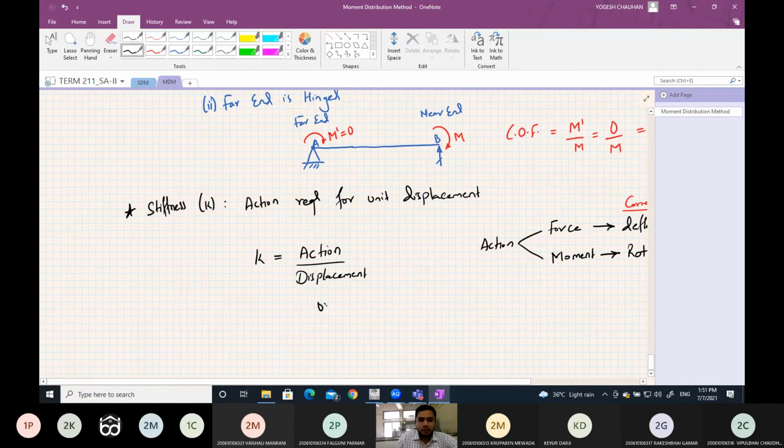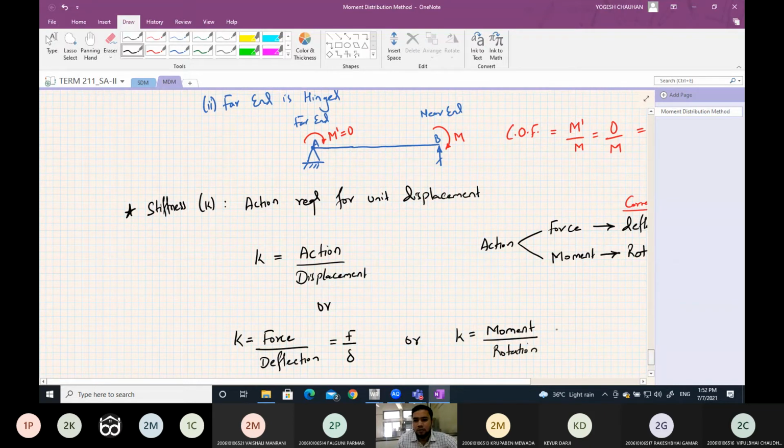So we can also write this as K is equal to force upon deflection, that is F by delta, or we can write it as K is equal to moment upon rotation, that is M by theta.